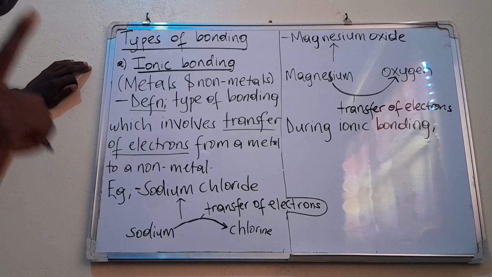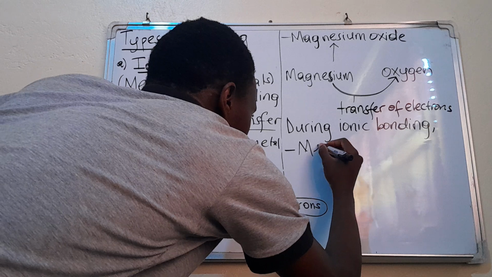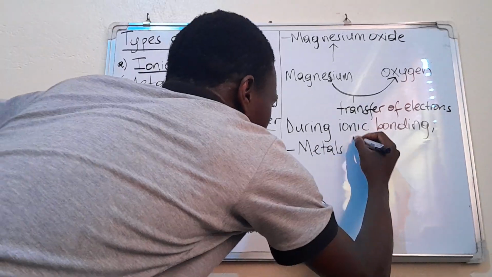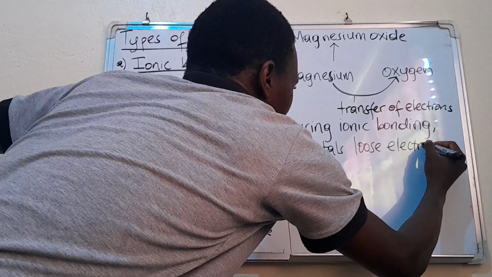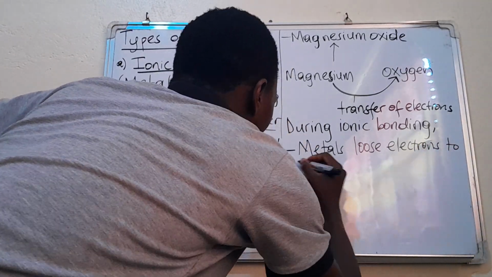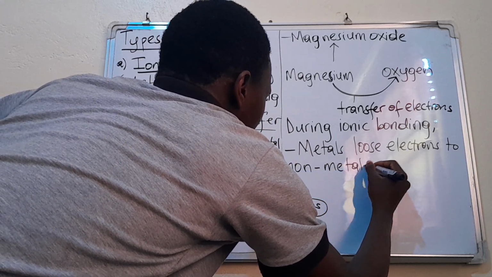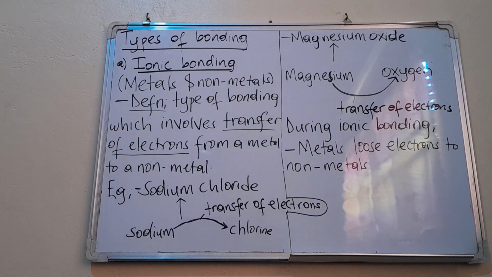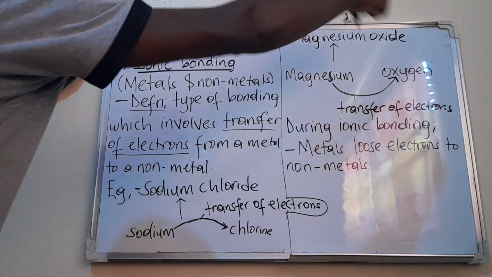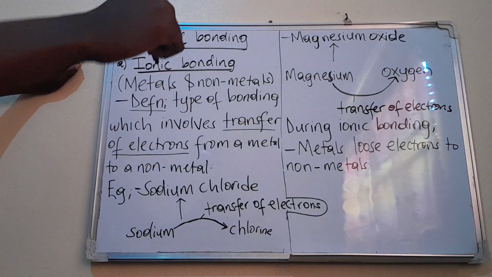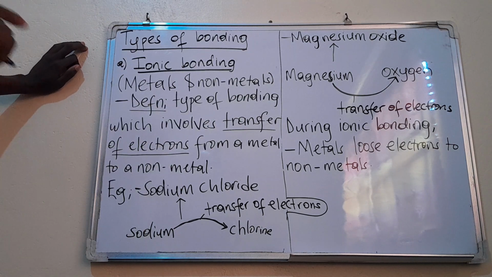During ionic bonding, we are transferring electrons from a metal to a non-metal. So metals lose electrons to non-metals. We are transferring electrons from magnesium to oxygen, so we are adding electrons to oxygen. In simple terms, the non-metal is gaining electrons.